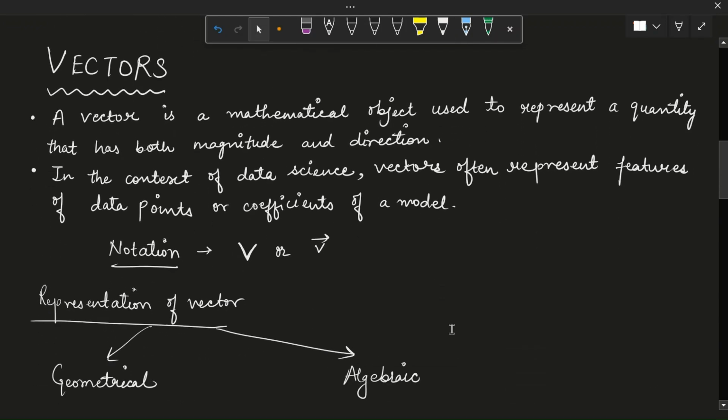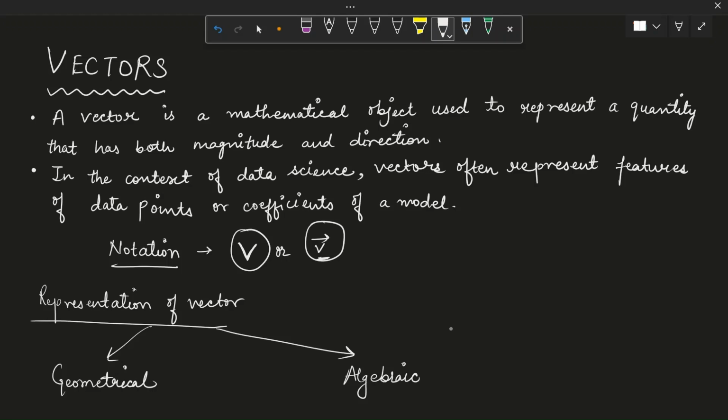Now, the very first step in linear algebra that we are going to take is about vectors. So, what are vectors? You can understand a vector as a quantity that has both magnitude and direction. You might be familiar with vectors in physics, which are represented with an arrow above or by a bold letter.